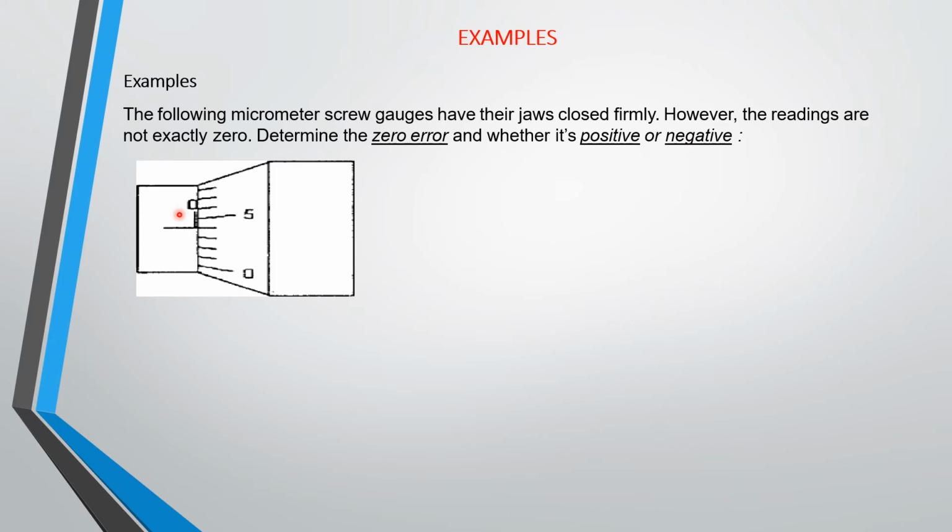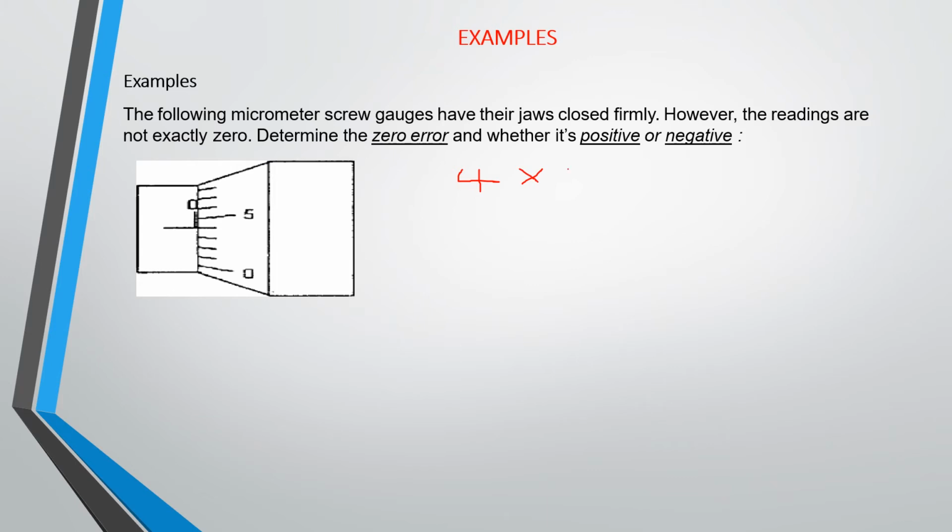You see that for this, the 0 on the vernier of the screw gauge is below the 0 on the main scale. So this tells you that this zero error is positive. Here we can just count from this 0: 1, 2, 3, 4. So I multiply that 4 by 0.01 millimeters.